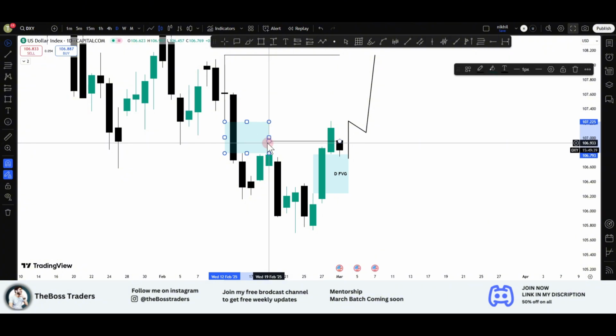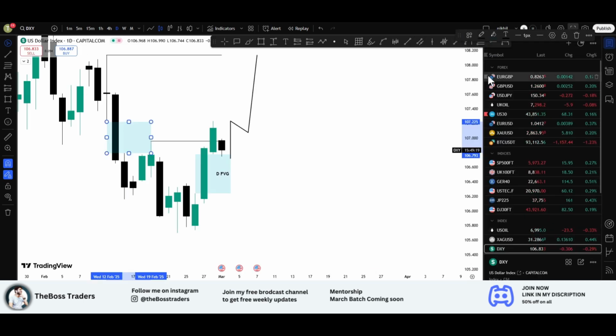Now this area can act as a liquidity grab and the dollar may reverse from there. So we'll definitely look for lower time frame price action to form to take a long trade. So this is my bias on the dollar index, that is bullish.